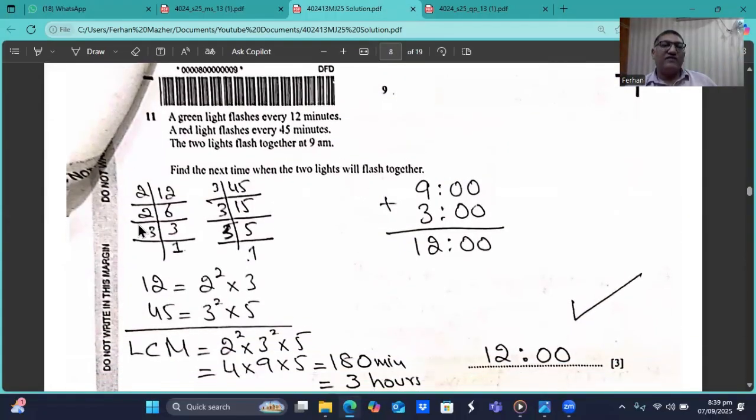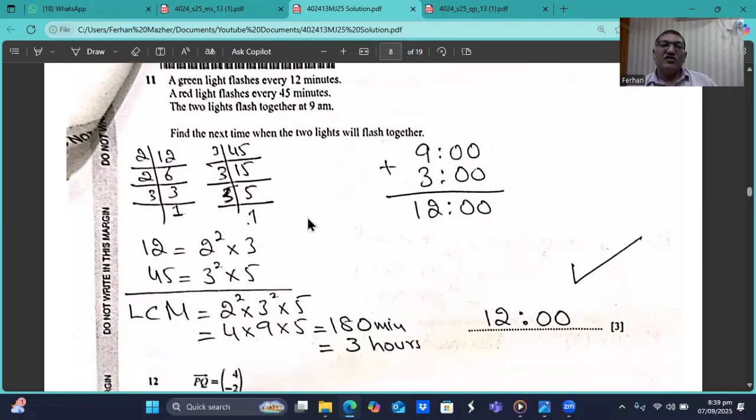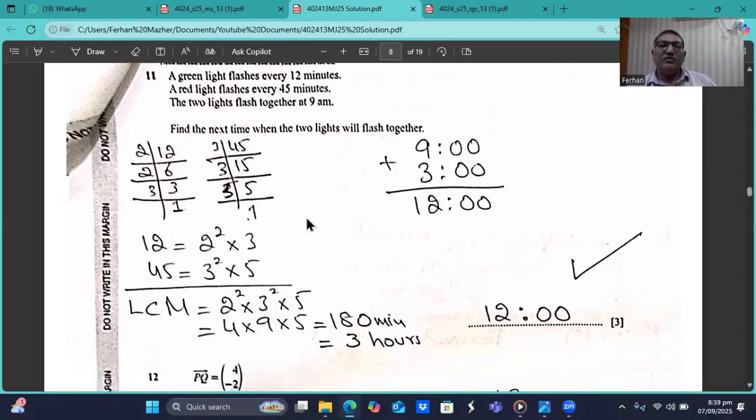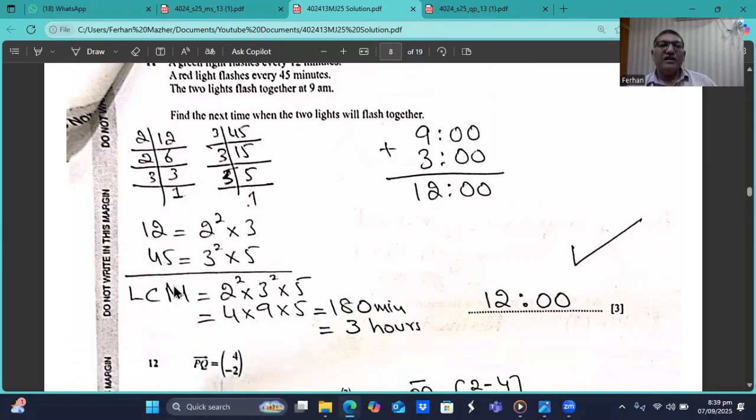So I prime factorized 12, and 12 is 2 squared into 3. I prime factorized 45, and that is 3 squared into 5. So the LCM will be equal to, when we take the LCM, the factors which are common in both numbers, we write them once and we write their larger power.